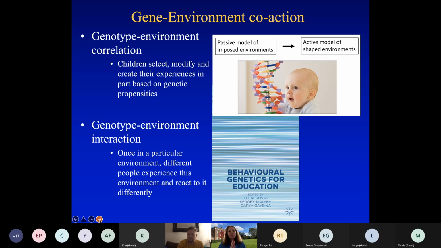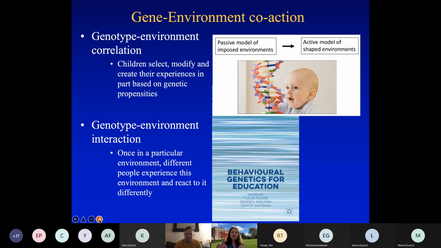So, for example, in this picture of a little baby looking at the DNA with extreme interest, what is illustrated here is that, often in psychology or in education, environment is presented in a passive way. So a child finds themselves in a particular environment and this environment affects them. But in reality, we are active players in creating our environments. We select, we modify, we create our experiences partly based on genetic propensities.